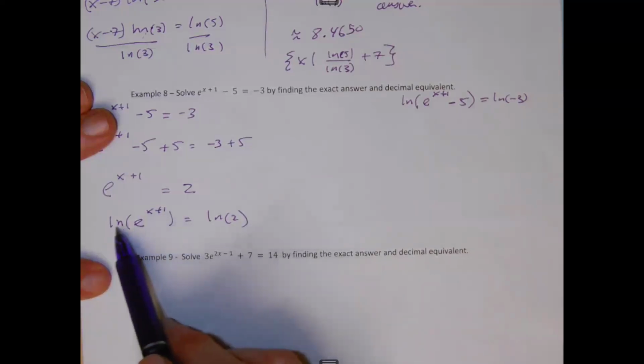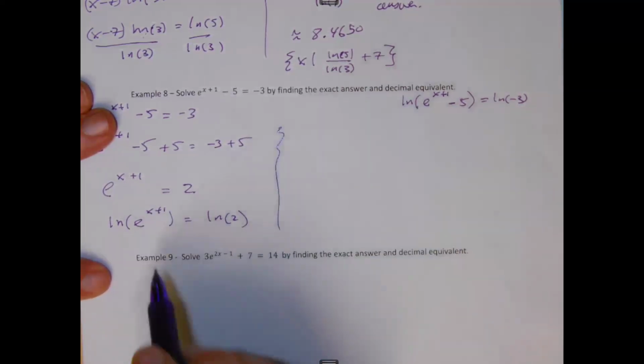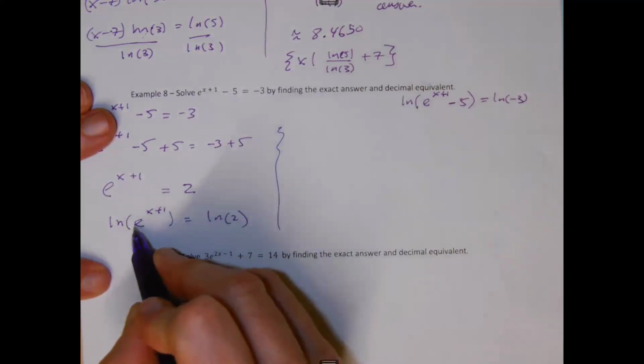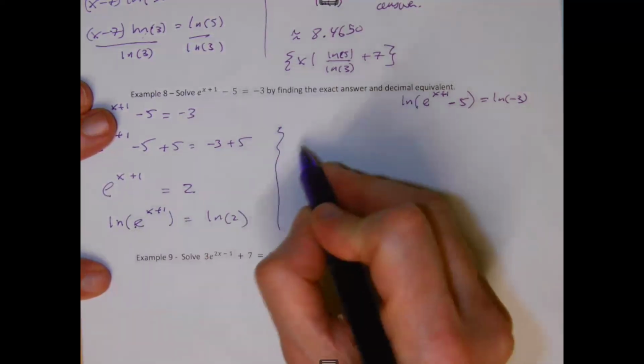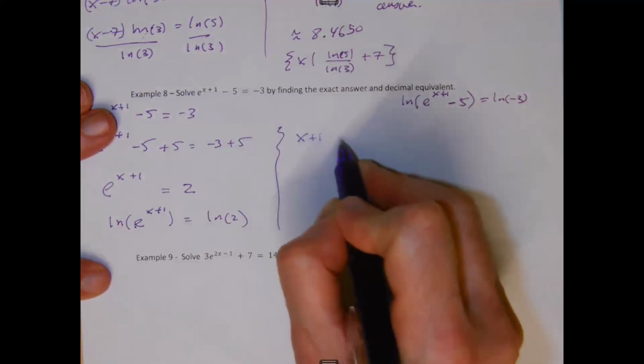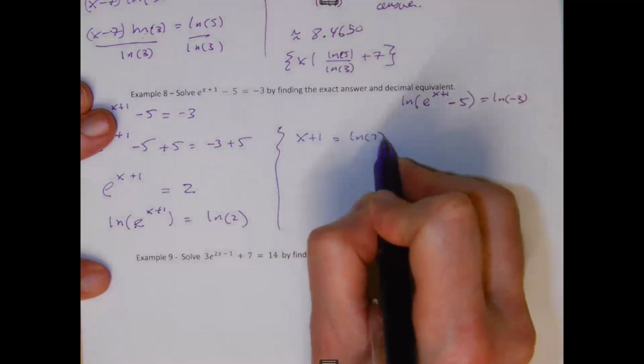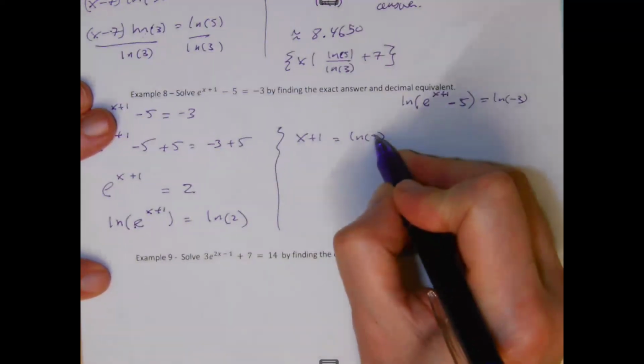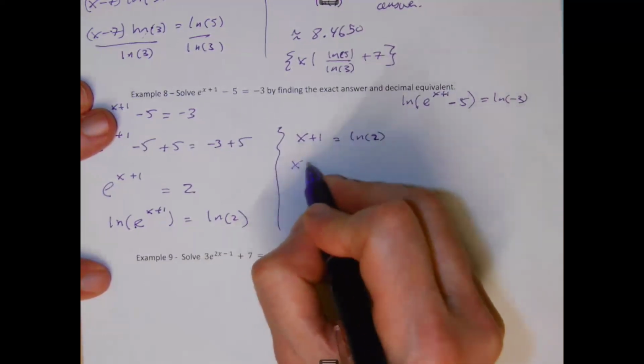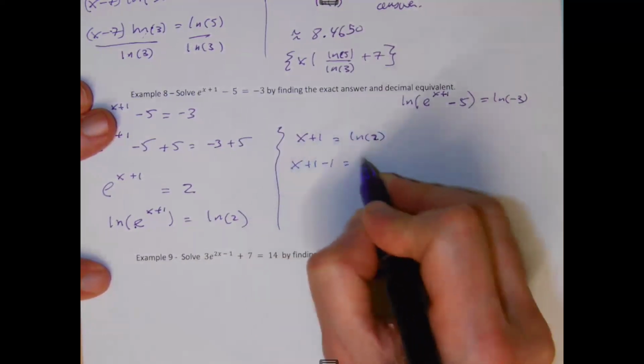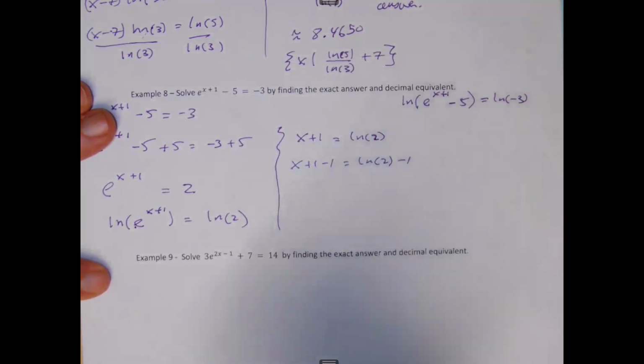I'm just going to use the fact that these two are inverses of each other. And then the natural log of e to the x plus 1 power is x plus 1. And on this side, I have the natural log of 2. And the only thing left to do is subtract 1 from both sides. I'm going to just show this step since I have so much room.